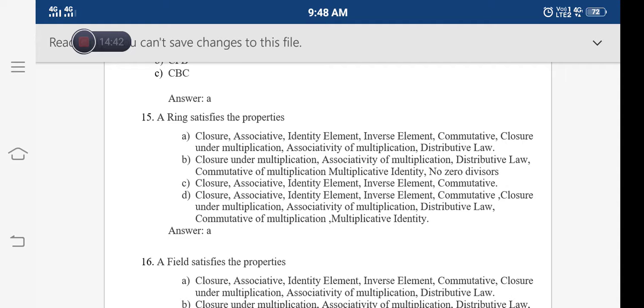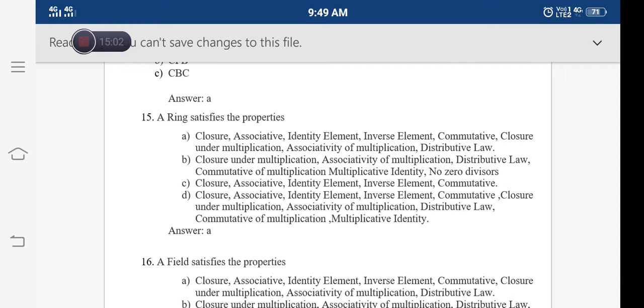Then in the ring, we have 2 operations. The first operation must satisfy all the abelian group properties. The abelian group properties are closure, associativity, inverse, identity, and also commutativity.